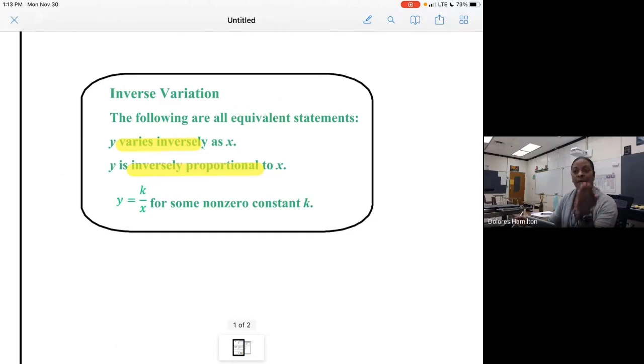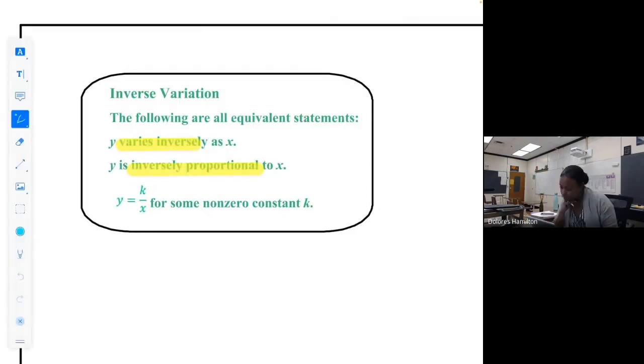Y varies inversely as x would tell us that we're treating it as y equals k over x, or y is inversely proportional to x. Same thing. K is still our constant of proportionality. So this is now saying the opposite.